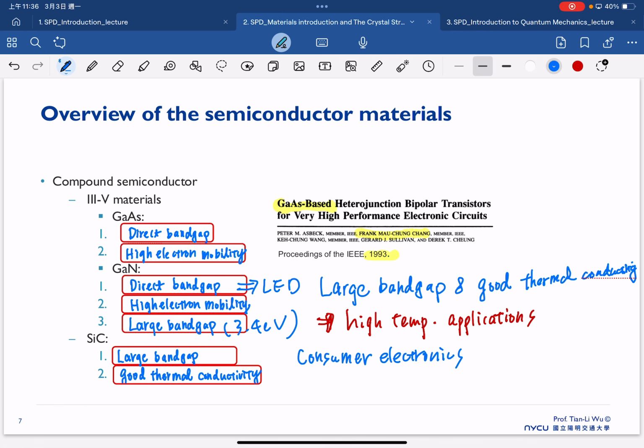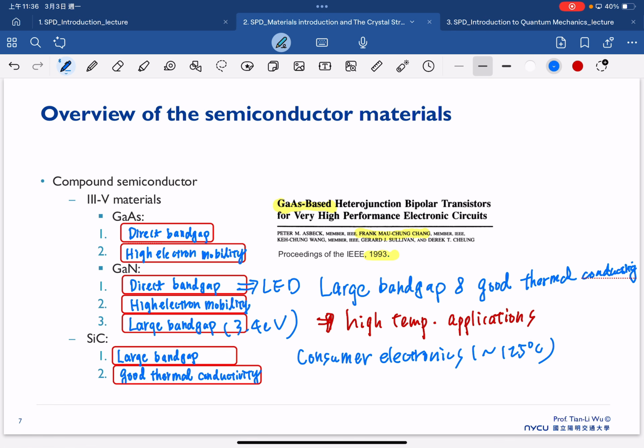Consumer electronics is the typical cell phone, laptop, all the electronics that we use for daily life. The maximum operating temperature requirement for consumer electronics is around 125 Celsius degrees. So usually we will test up to 125 and we will go further beyond.